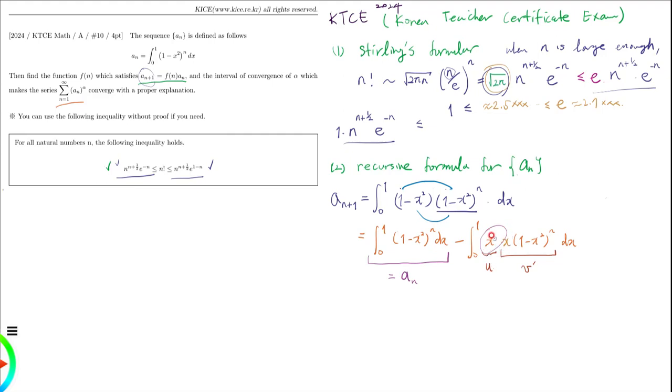We don't know its antiderivative, but we do know its derivative. Okay, so let me do integration by parts. You can do it by yourself actually. So integration by parts from 0 to 1, x times 1 minus x squared to the nth power dx.